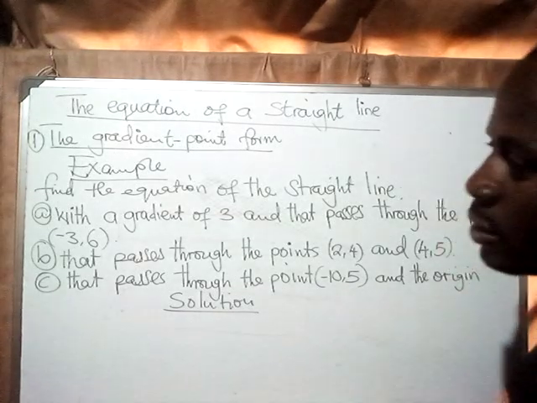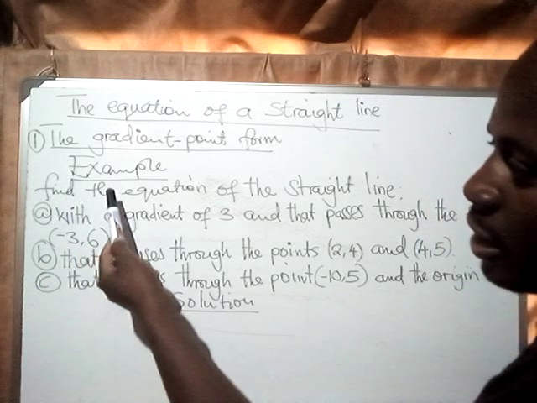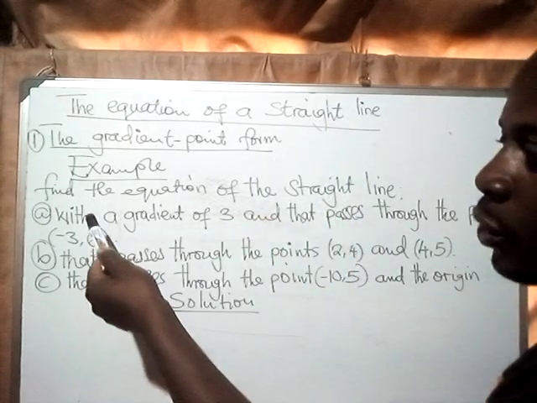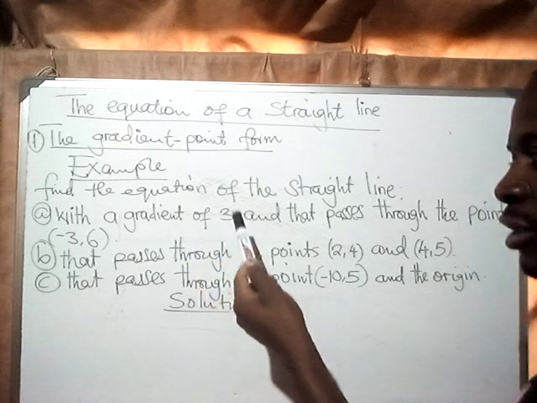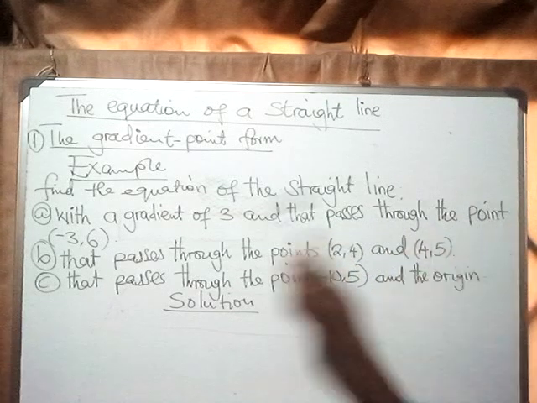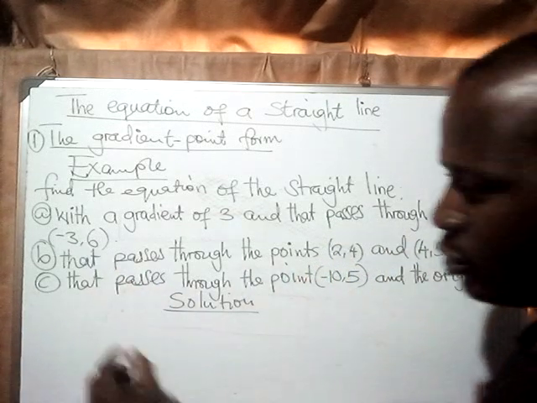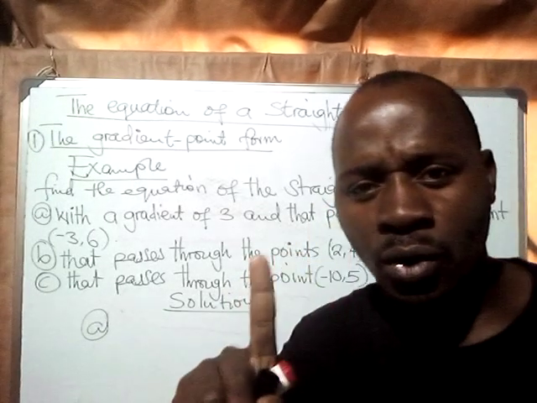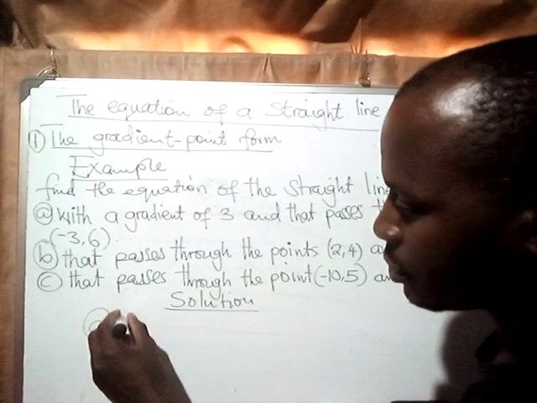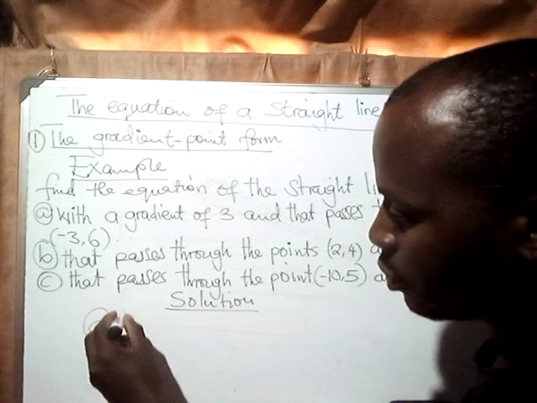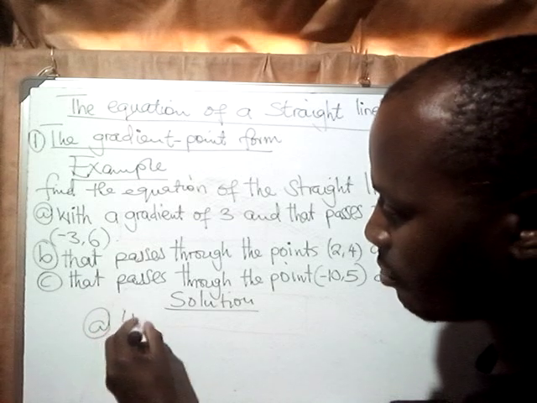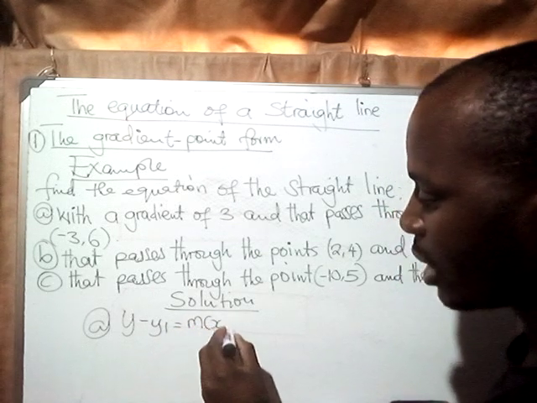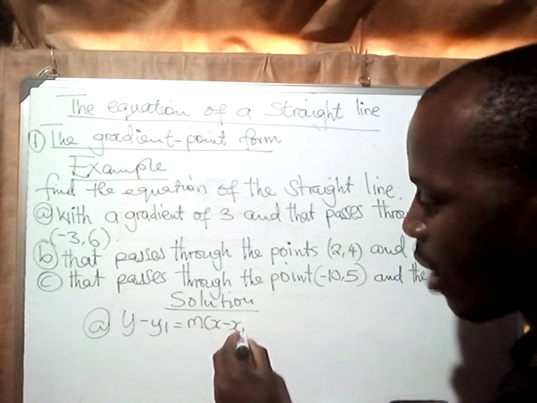Example number 1. The question is, find the equation of the straight line with a gradient of 3 that passes through the point (-3, 6). For part A, because we have been given the gradient and one point, we are going to say y minus y1 is equal to m, which is the gradient, open bracket, x minus x1.